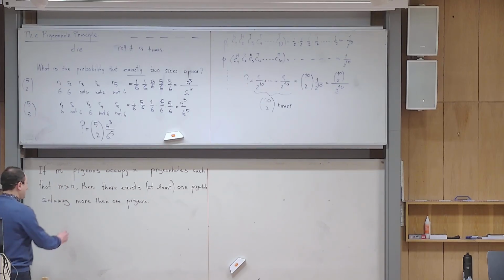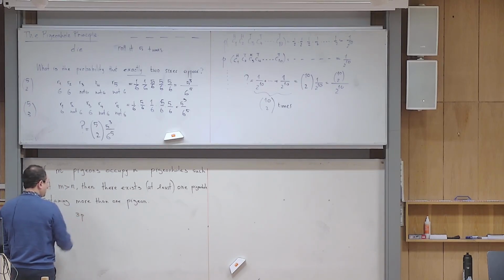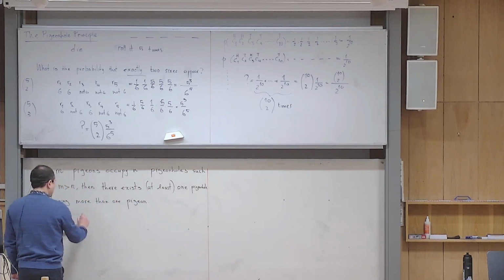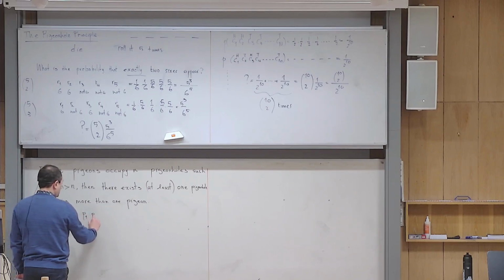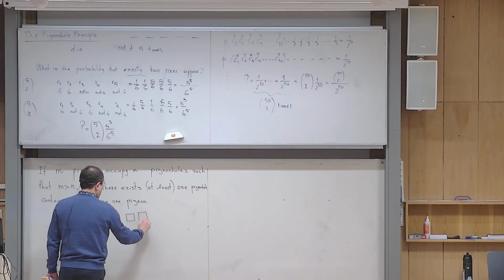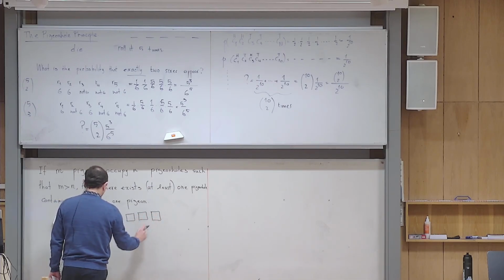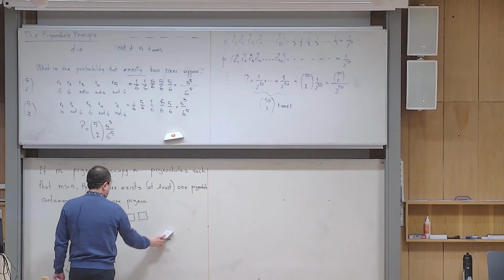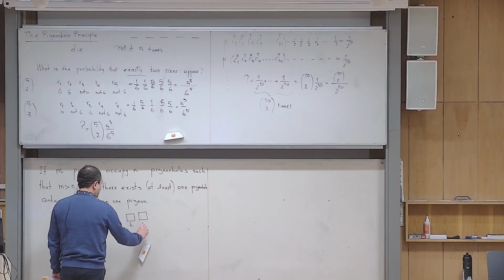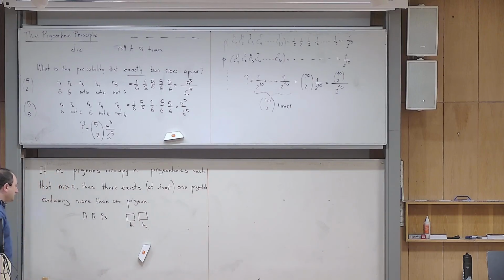For example, if I have 3 pigeons, let me write them: pigeon 1, pigeon 2, pigeon 3, and then I have 2 pigeonholes. Let me write H1, H2 for hole 1, hole 2.